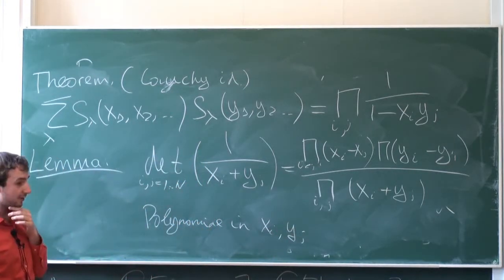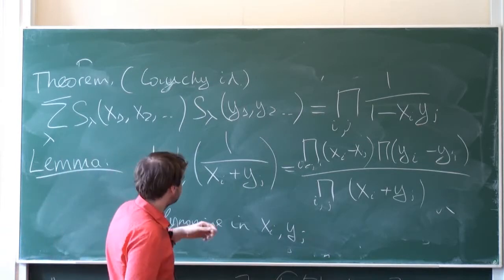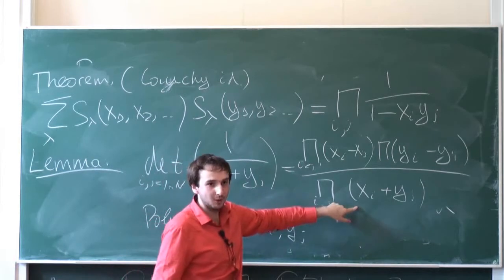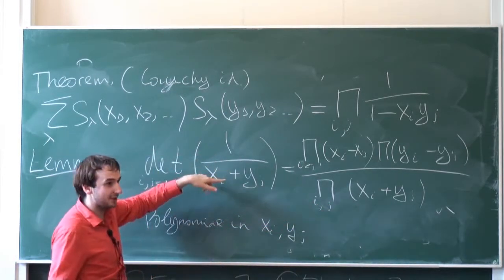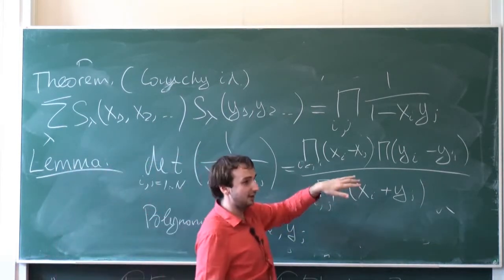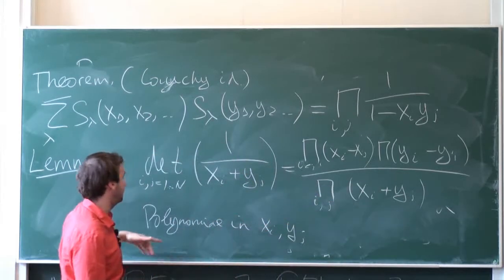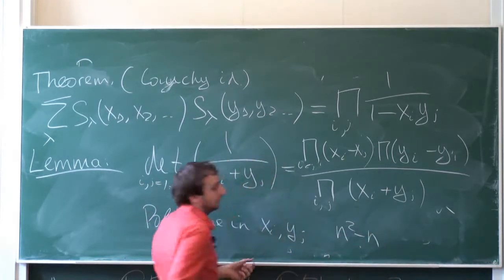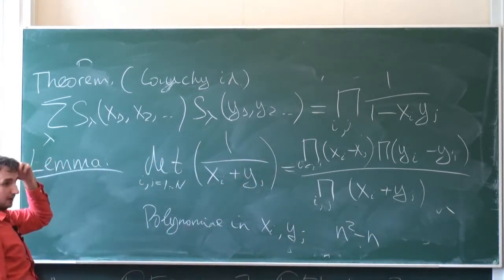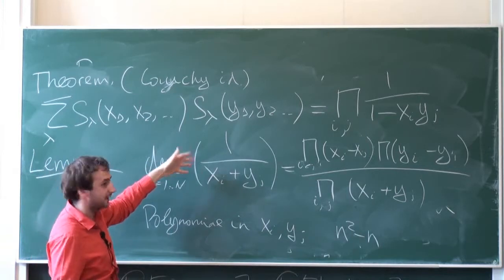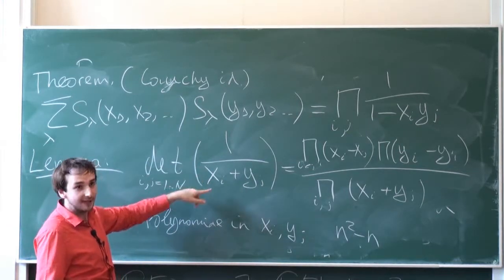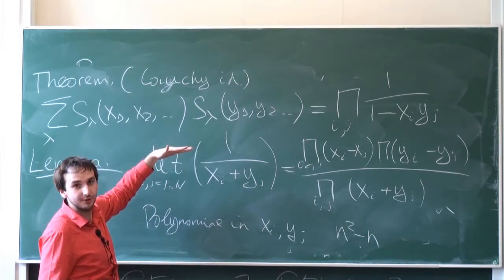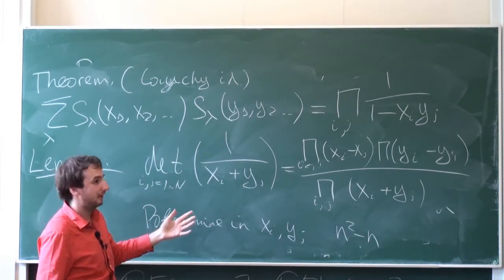Okay, now what is the degree of this polynomial? Well, here we had degree n, here we had degree n squared. So since it was in the denominator it was minus n, here we had degree n squared. It means that after multiplication we will get a polynomial of degree n squared minus n. Now we see the following property. If x_i is equal to x_j, then this determinant has two equal rows, which means that it evaluates to 0.